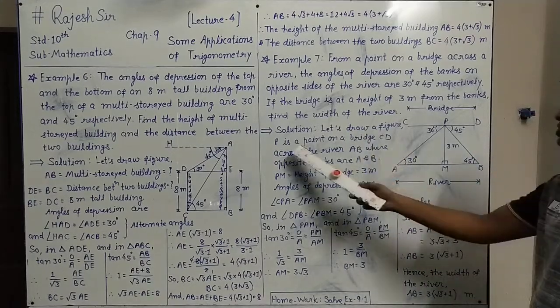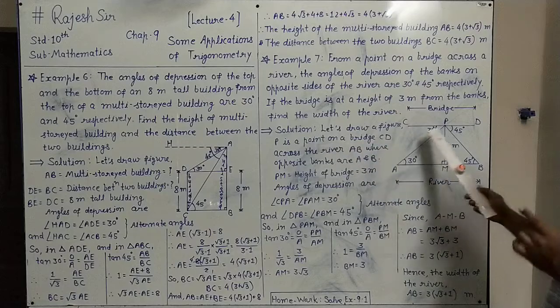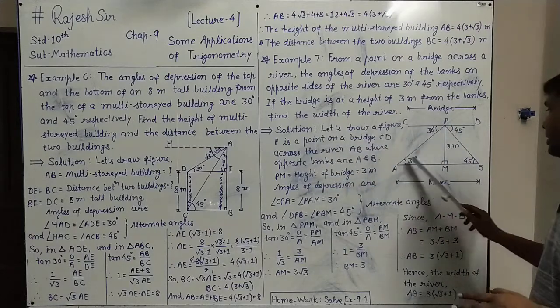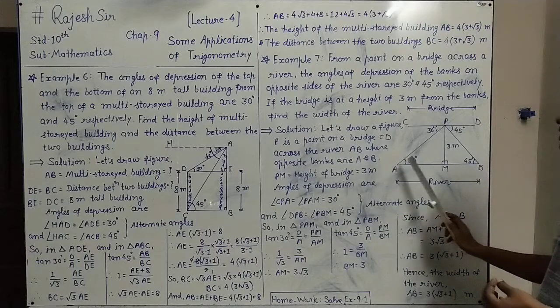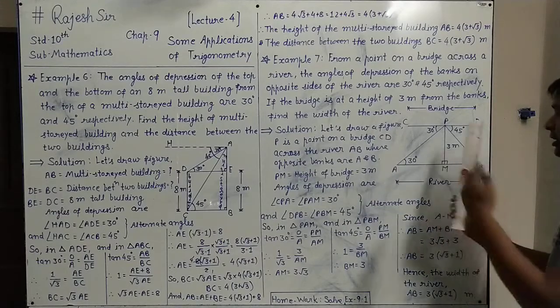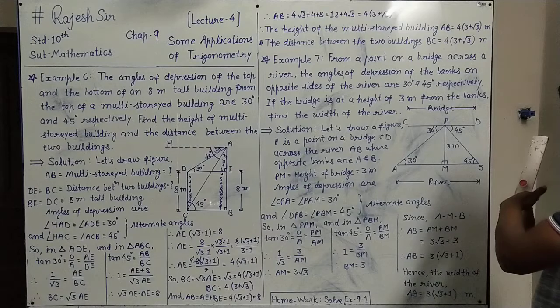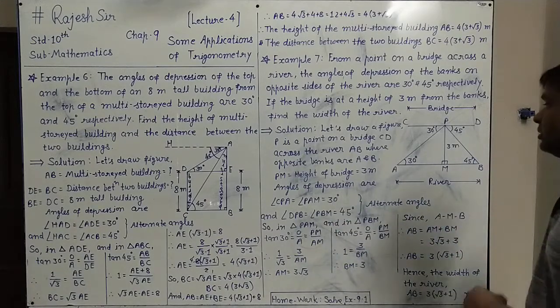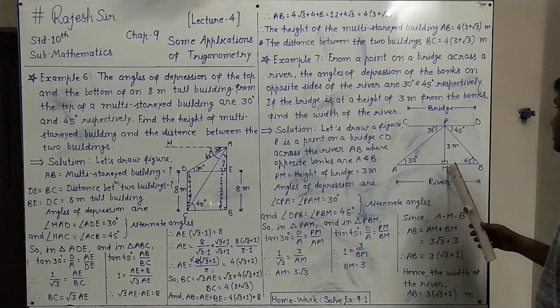Let's draw a figure in which P is a point on a bridge CD across the river. The river is AB, where the opposite banks are A and B. Both points A and B are opposite banks of the river. Here the height of the bridge from the river is PM, shown in the figure.